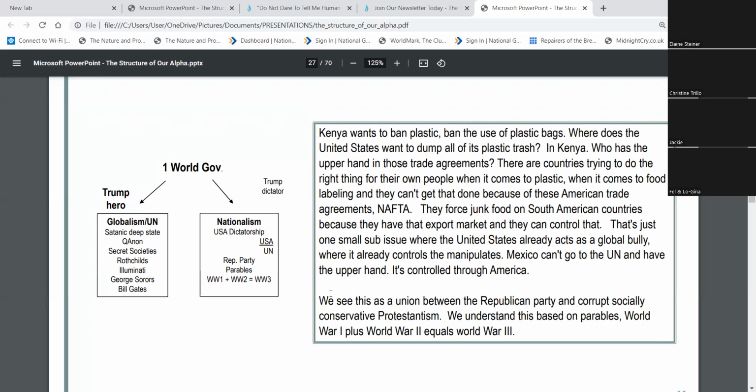It already controls and manipulates. Mexico can't go to the UN and have the upper hand. It's controlled through America. We see this as a union between the Republican Party and the corrupt, socially conservative Protestantism. We understand this based on the parables: World War I plus World War II equals World War III.